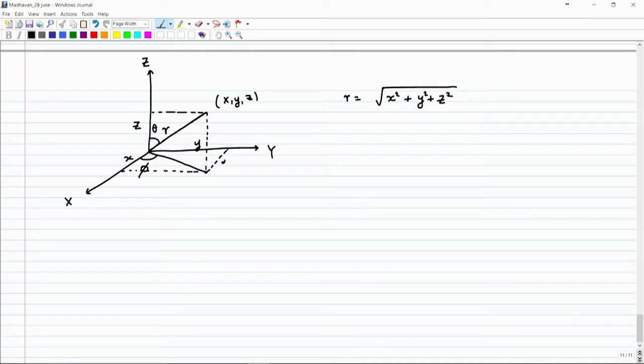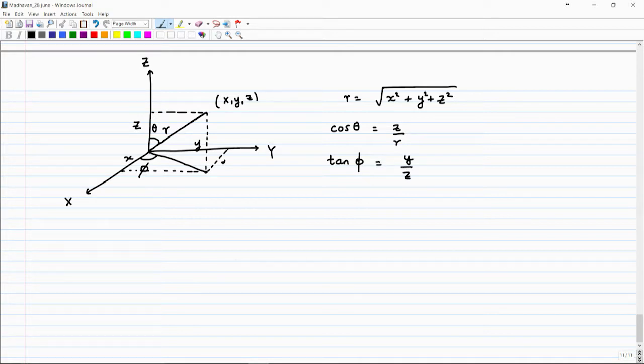You can easily see that cosine of theta equals z by r. And you can also see that tan of phi is basically y by x.